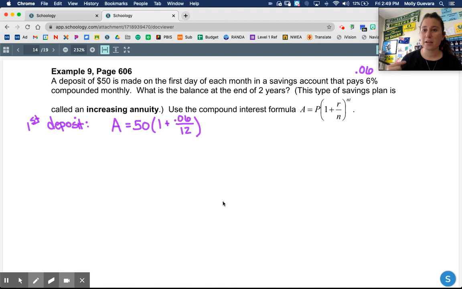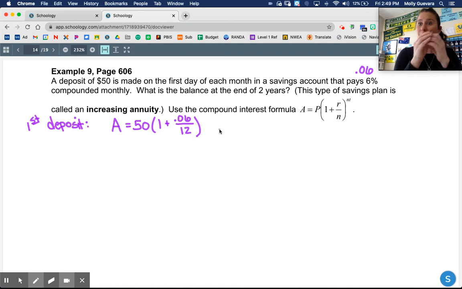And since it's compounded monthly for 2 years, my exponent is going to be 24. And the reason why, this is my very first deposit. So let's say I do this in January, right? How many months is this particular $50 going to be collecting interest?